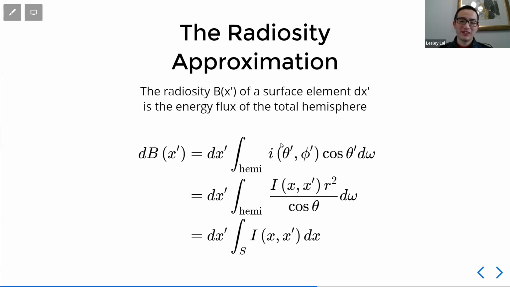But this theta prime term, theta is the incident angle of the ray at the intersection point, and this I is radiometric intensity.